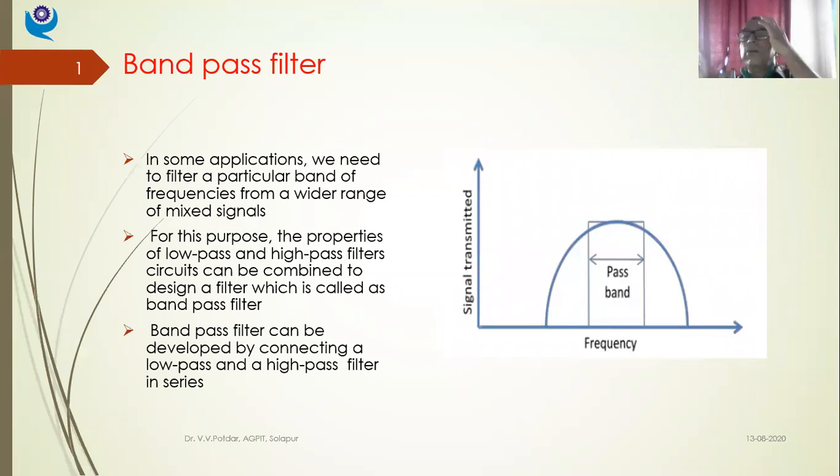Whatever cutoff frequency I decide, the signal lower than that cutoff frequency will only be allowed to pass to your controlling circuit or actuating devices. So that is low pass filter we studied.